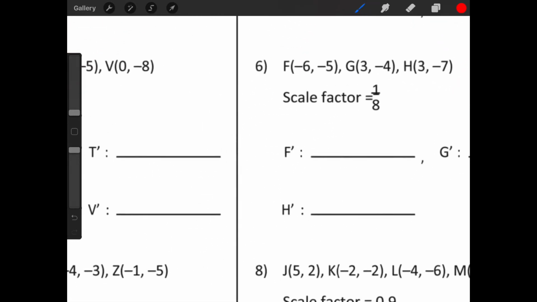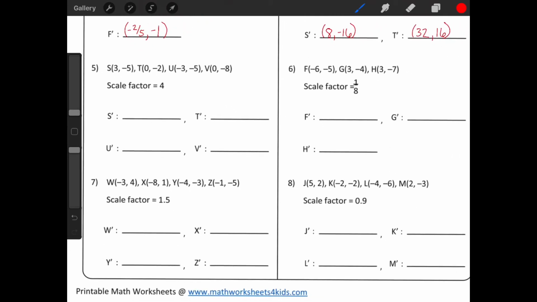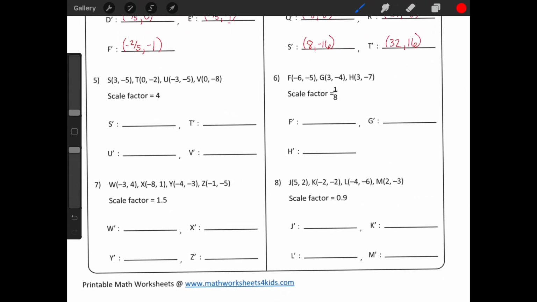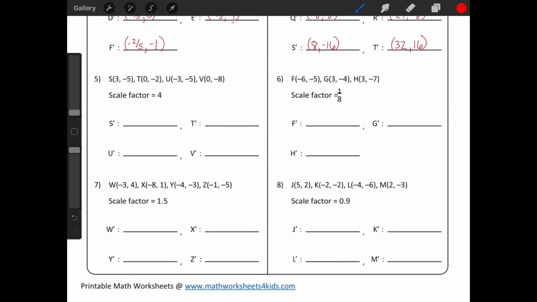Now I am going to write down the final answers, but I'm not going to walk you through them. So you've got 5, 6, 7, and 8 left. I'm going to write down the final answers so that you can see them, and you can pause the video right here, try them on your own, and then you'll get to see the final answers in the very last clip of the video. Good luck. You'll do fantastic.